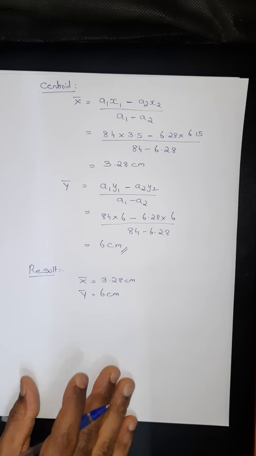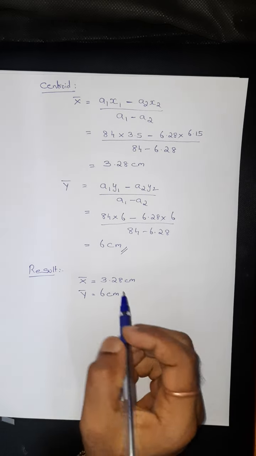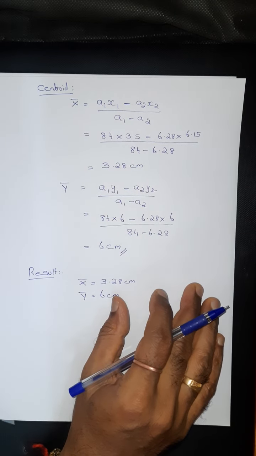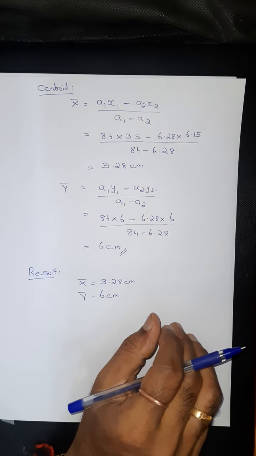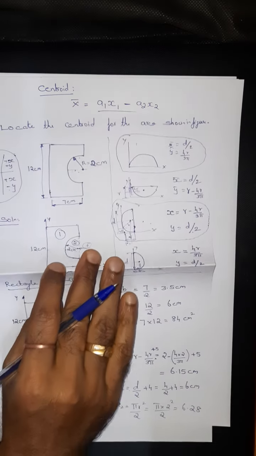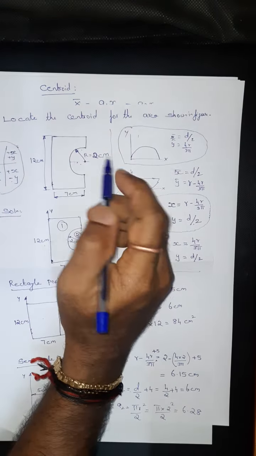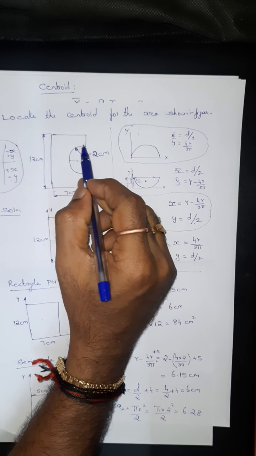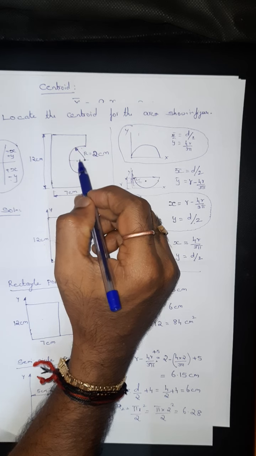If you know how to plot the graphical representation, then you mention it. Otherwise, the x bar and y bar values are more than adequate. Hope you have all understood how to solve when you have such a figure or area shown. When the portion is within one object, then you just have to subtract it, right?